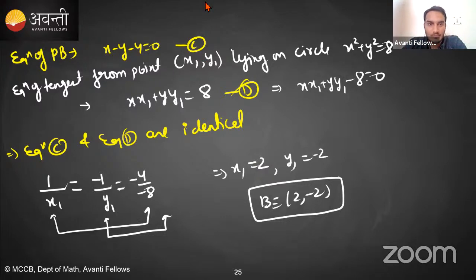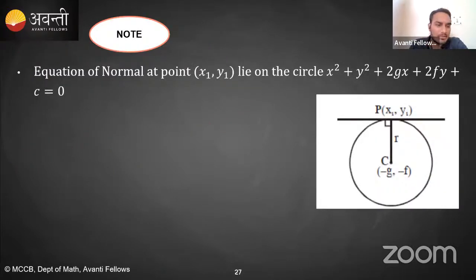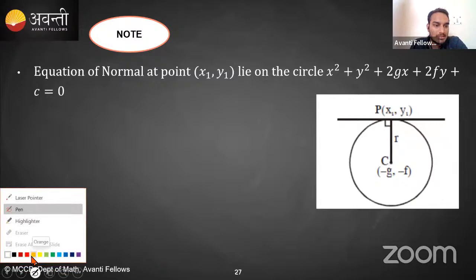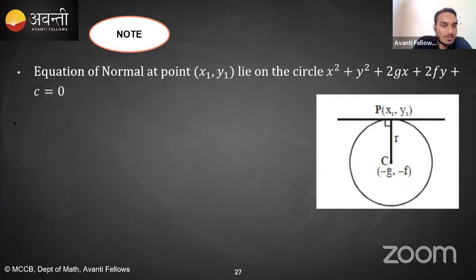Now let's talk about the normal. Normal is very simple. Like tangent, what does normal mean? Can someone tell me? If I ask you what is the normal? We will come to the equation later, first can someone tell me the definition? What is normal?